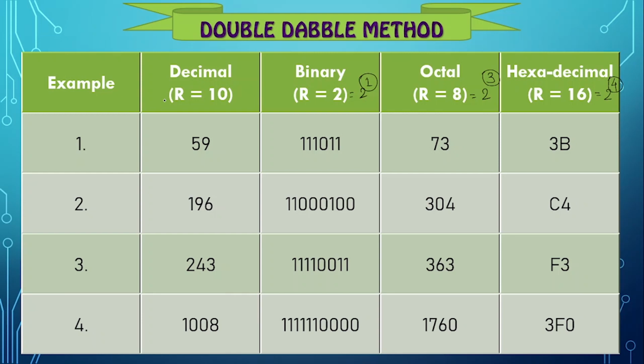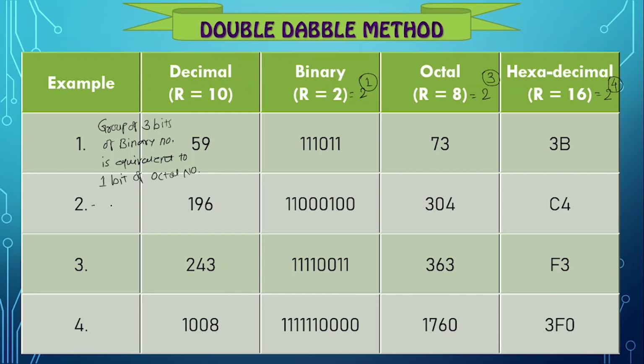So the important point from this discussion, let me write it down: a group of 3 bits of a binary number is equivalent to 1 bit of an octal number, because 8 is 2 raised to 3.